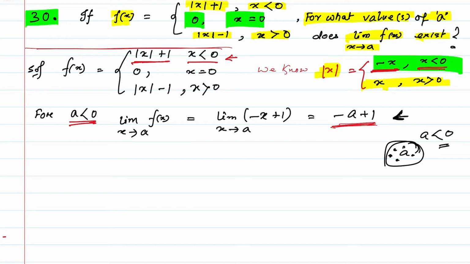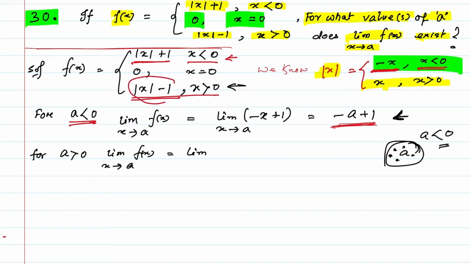Now similarly for a greater than 0, limit of f of x as x tends to a. For x greater than 0, the value is mod of x minus 1, and since x is positive, here we can take x minus 1, x tends to a for a greater than 0, and it will be a minus 1.